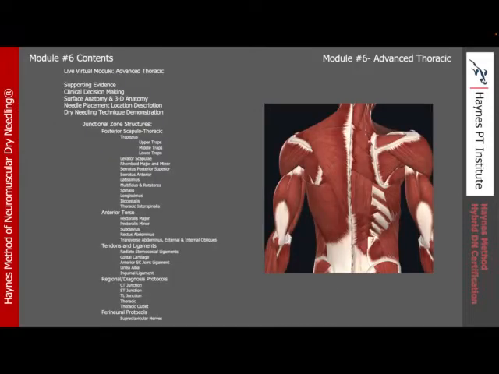Again, this is our Advanced Thoracic. What we'll look at is our posterior scapular thoracic musculature that we will be dry needling. We'll look then at muscles on the anterior torso, and then we'll look at our tendons and ligaments, and then some regional or diagnosis protocols and one perineural protocol.